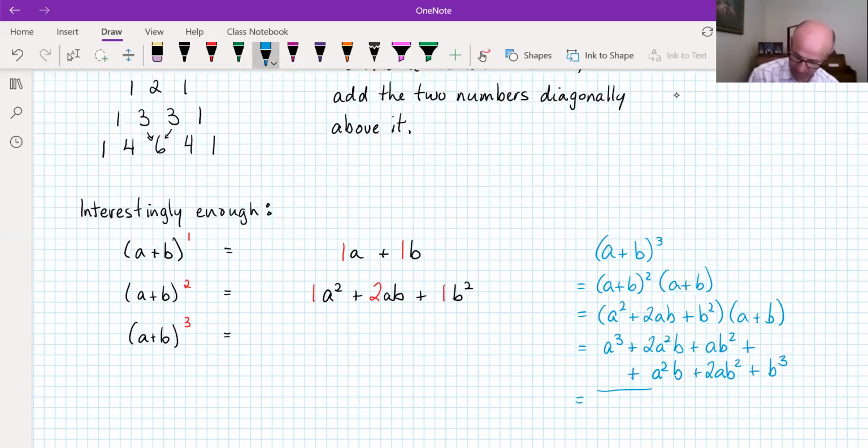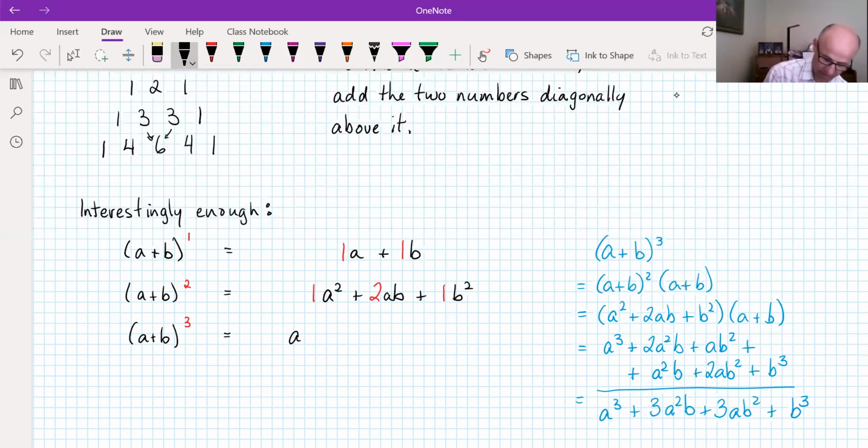which then ends up giving me a cubed, a 3a squared b, a 3ab squared, and a b cubed.